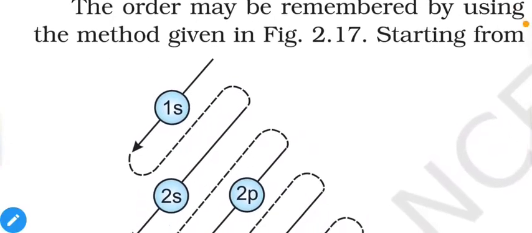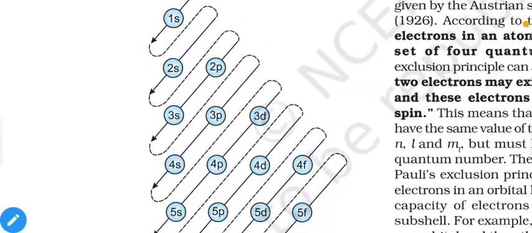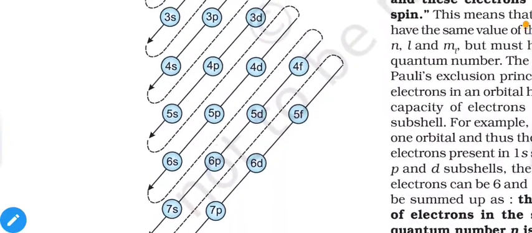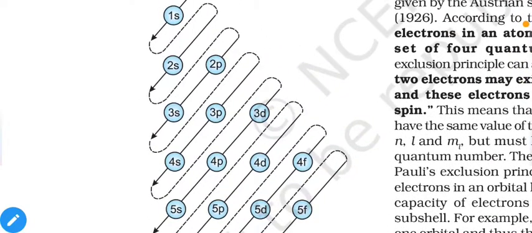Figure 2.17 represents how you can remember the increasing order of energy. As you can see, orbitals are arranged sequentially. First we have principal quantum number 1, then principal quantum number 2, 3, 4, 5, 6 and so on. In principal quantum number 1 the only possibility is 1s.